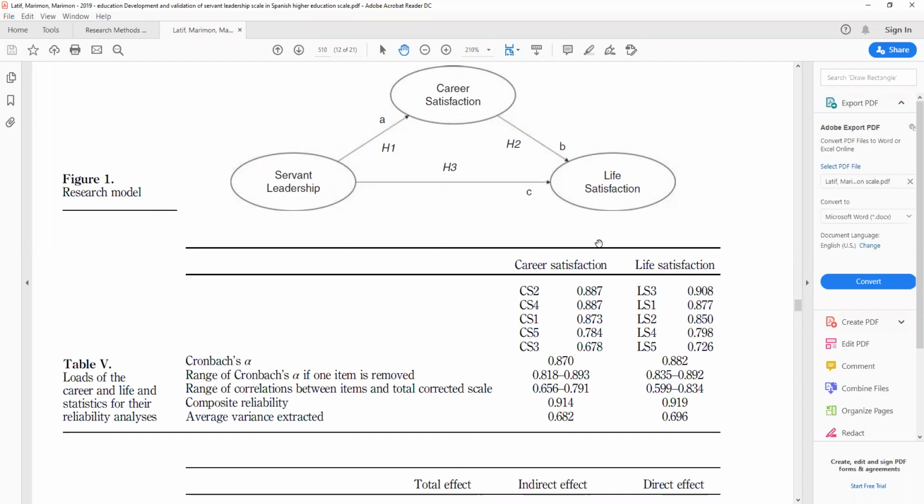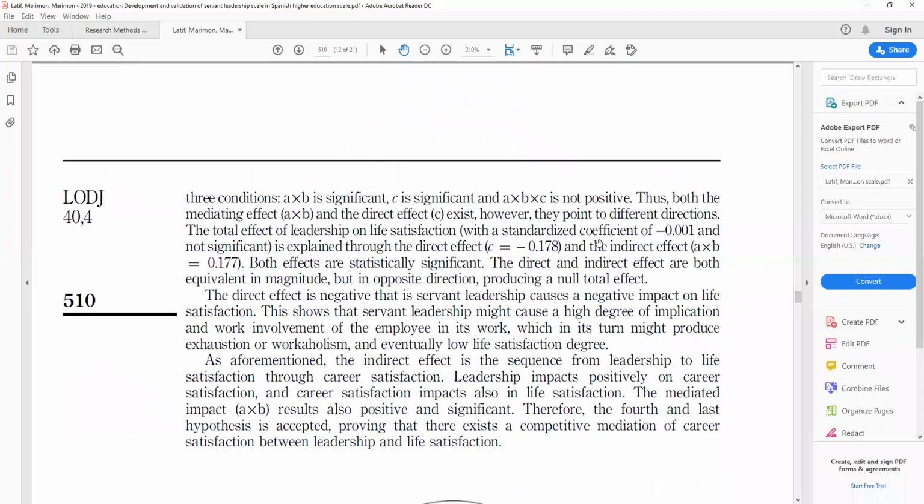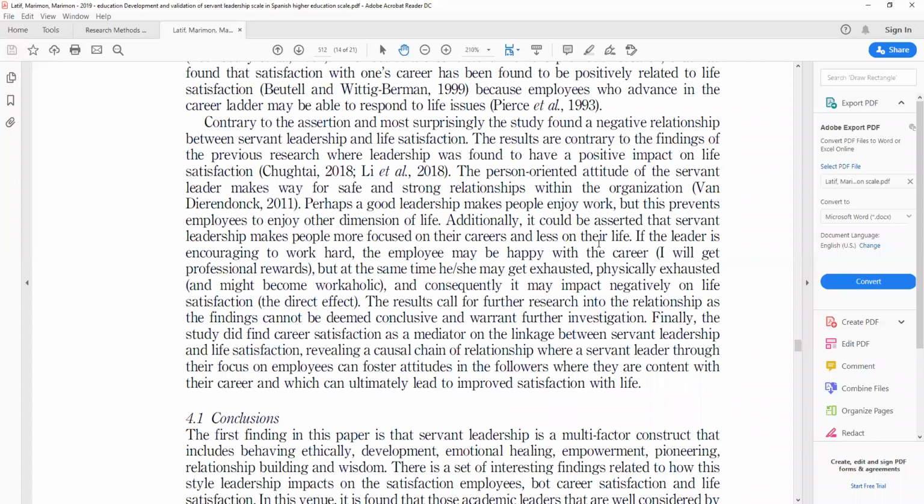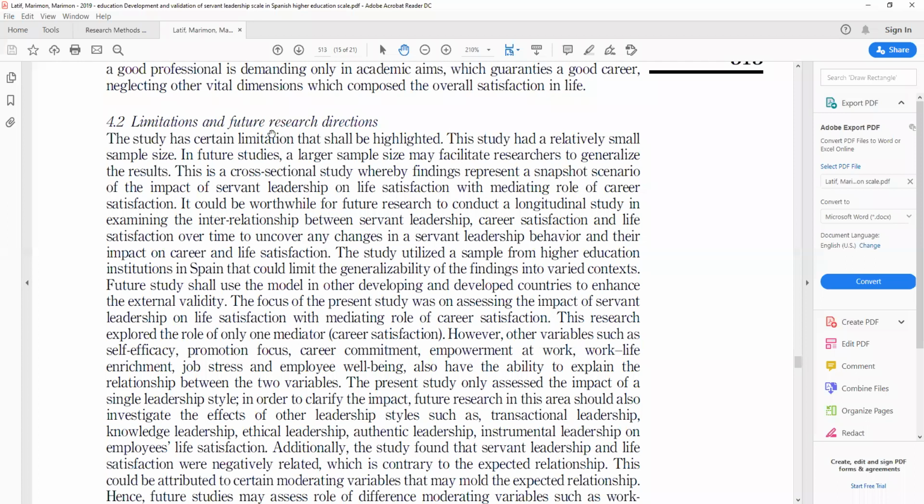Where do you find these papers? Once you have these papers with you, they have tested a particular model. Now you build onto that model. How do you build onto that model? How do you improve the existing research? How do you add to existing research? In every good paper, what you will find at the end is limitations and future research direction.